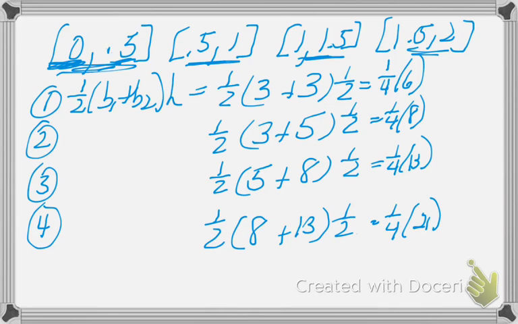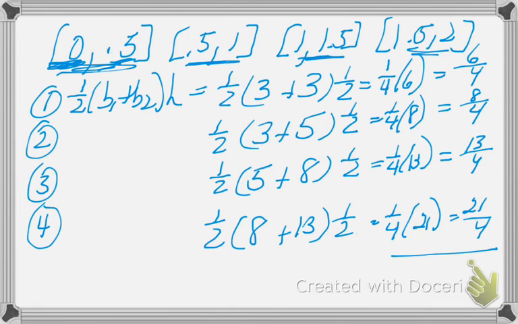Rather than reducing, you might be better off just leaving them all as fractions, because then we'll have all common denominators and it will be easier to add. Okay, so we have 6 plus 8 plus 13 plus 21. So 6 and 8 is 14, 24, 27, 37, 47, 48 over 4, which gives us 12, and that was choice B. And that's it for that.